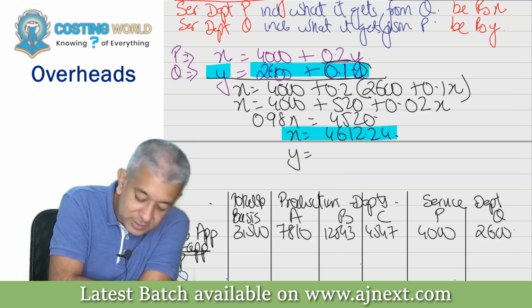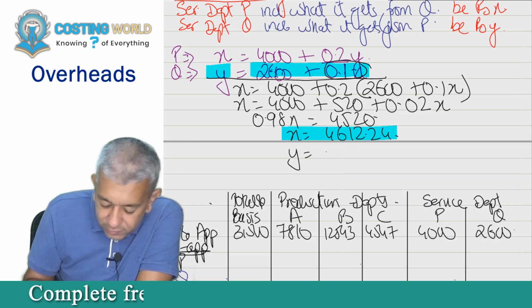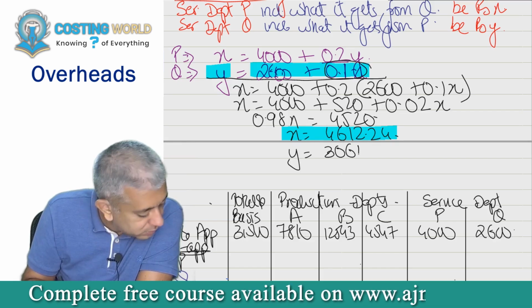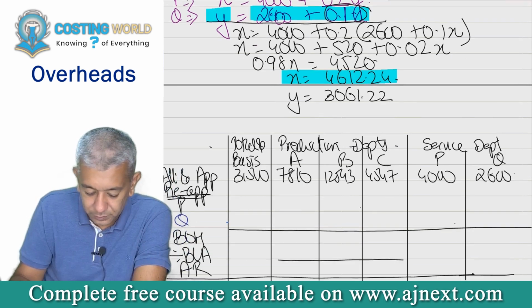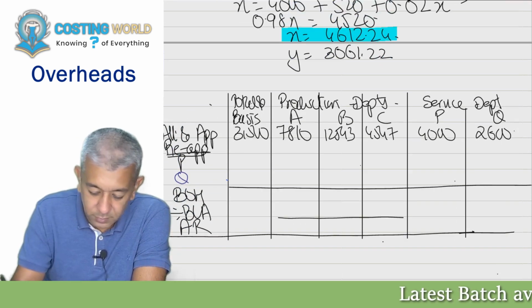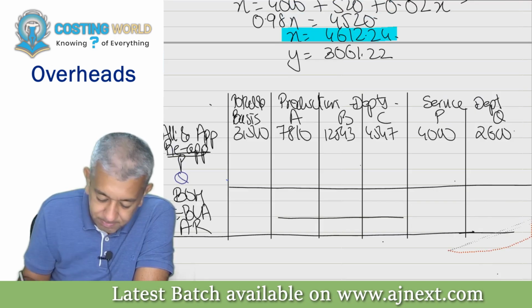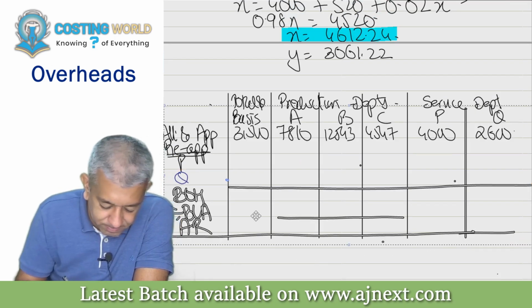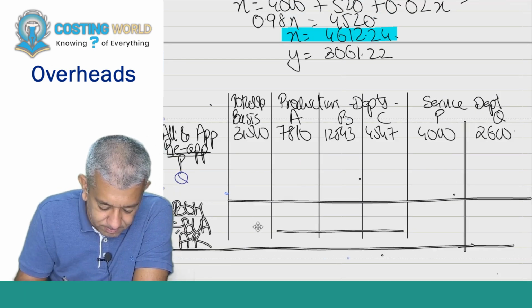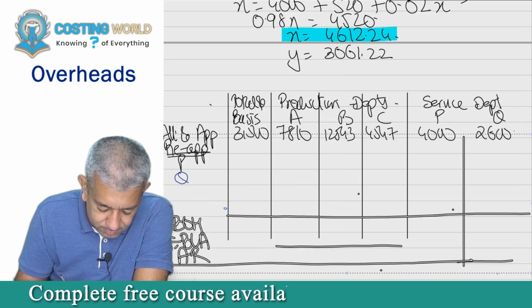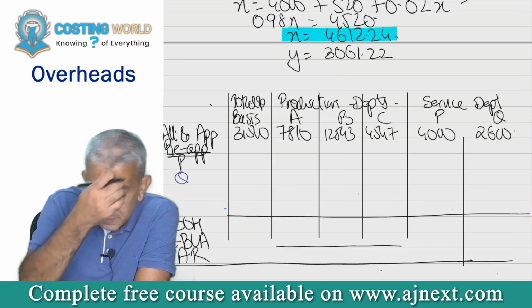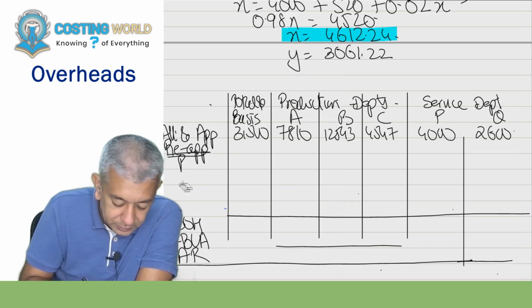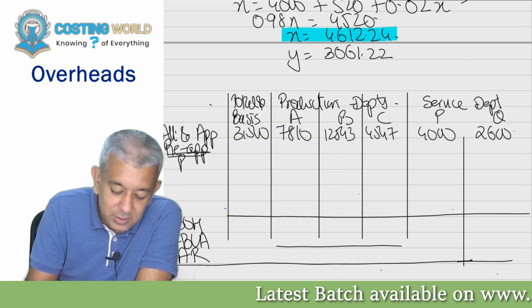Add 2600 to it, you should be getting the value of y, 3061.22. Is it done, beta? Yes, sir. Now see, but this is not your answer, okay?